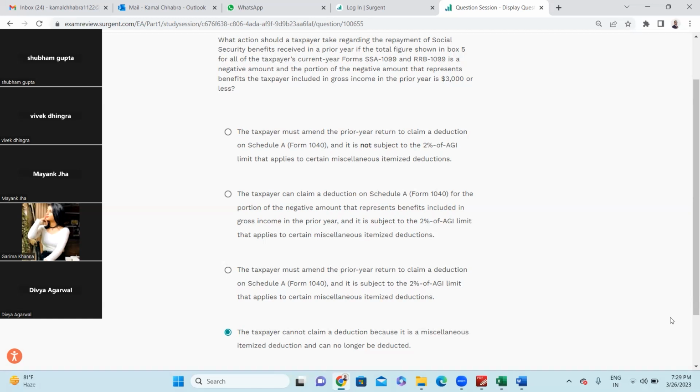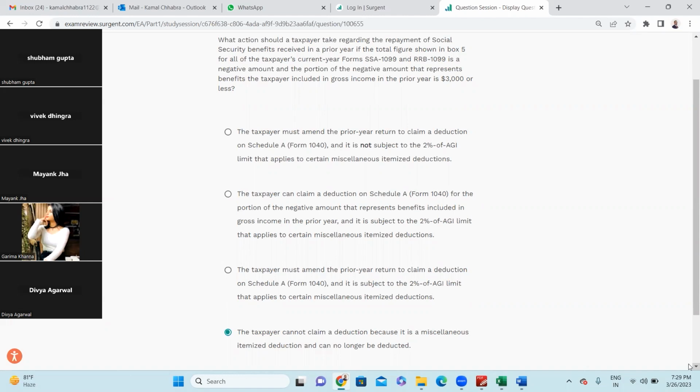Okay, Divya. Shubham. Option first, because the 2% AGI limit has some exceptions. No, option first is saying it is not subject to 2%.